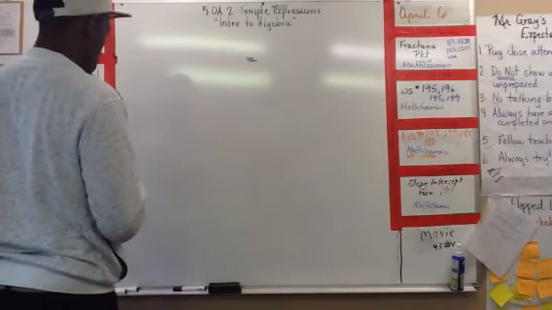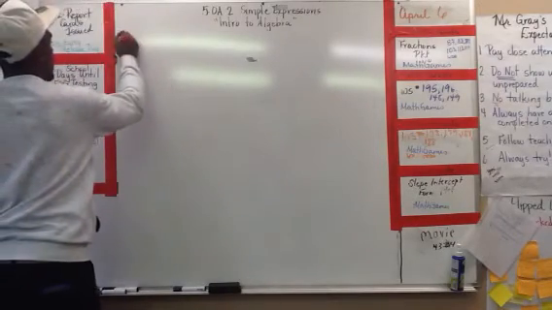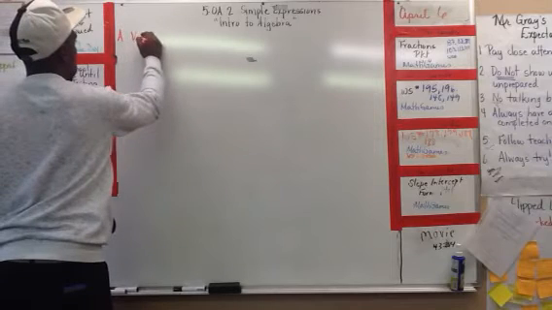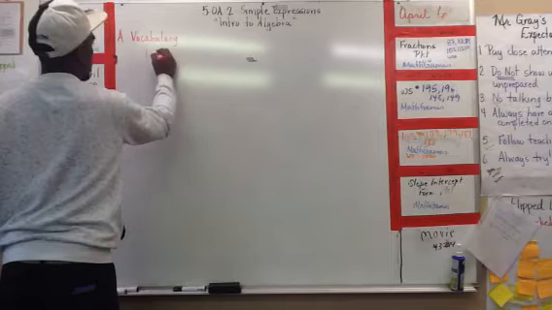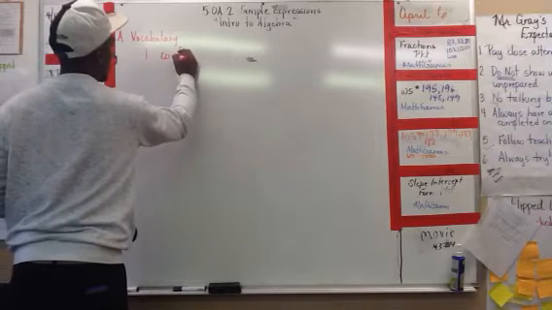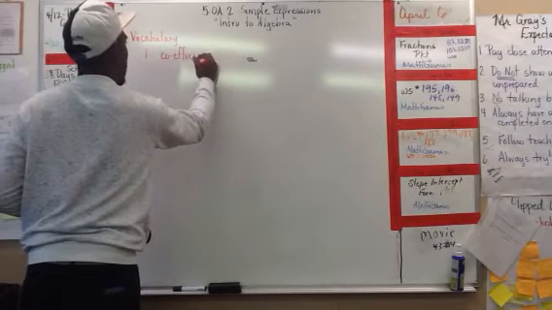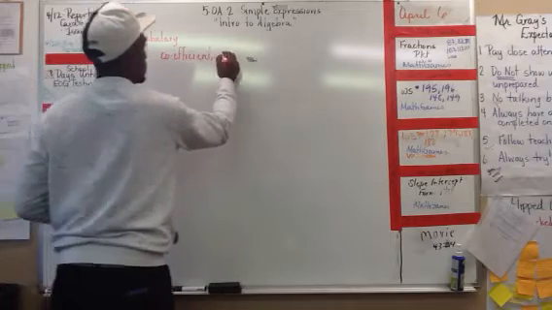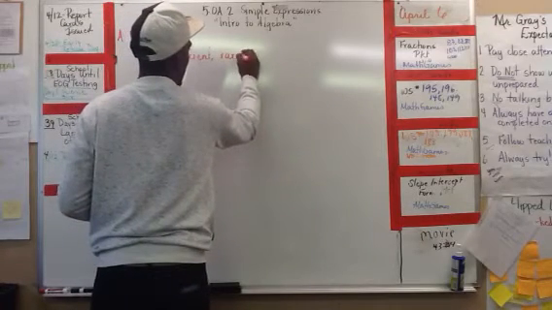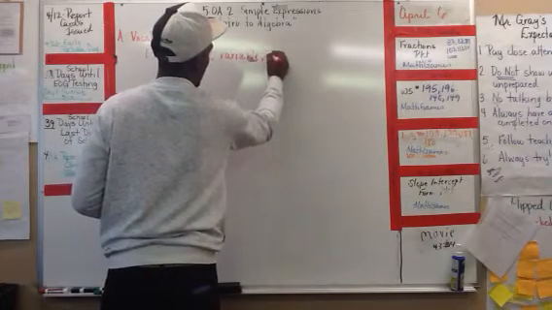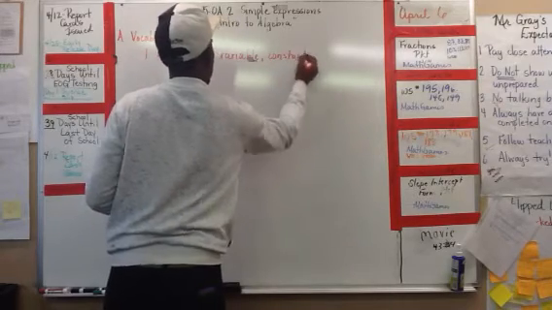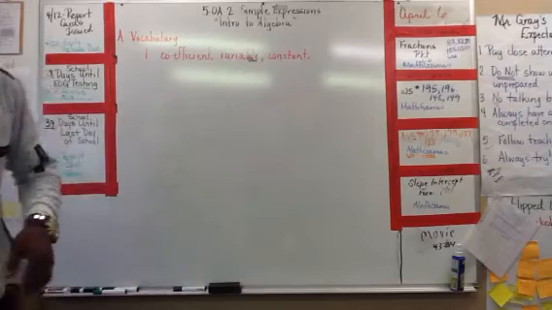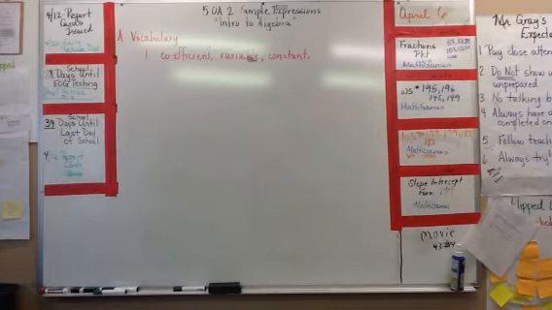So we are going to explore. Let me give you some vocabulary first. You need to know what a coefficient is. A variable. A constant. I think I'm leaving some out.